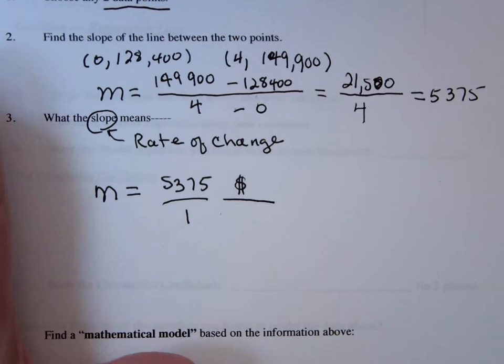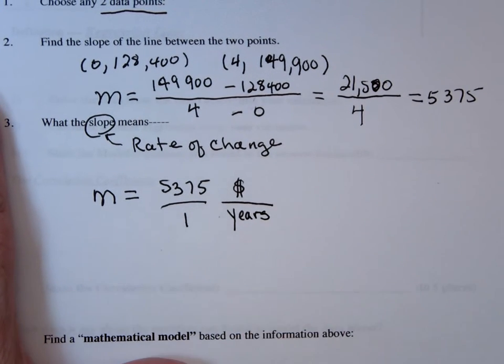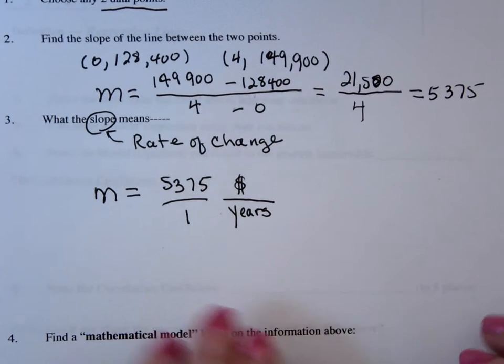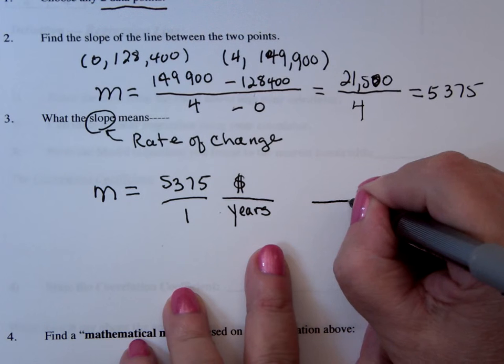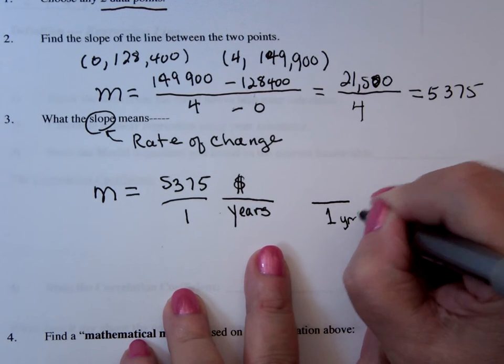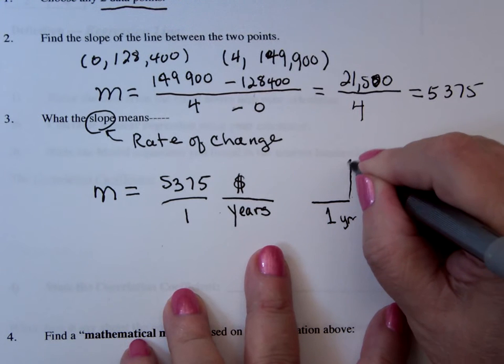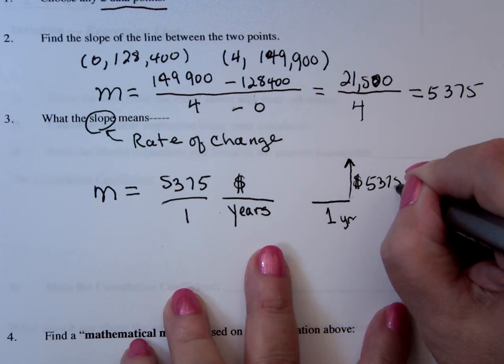Years, right? And if we think of what the slope means, that says 1 year, $5,375.